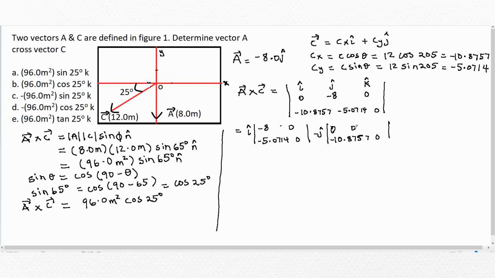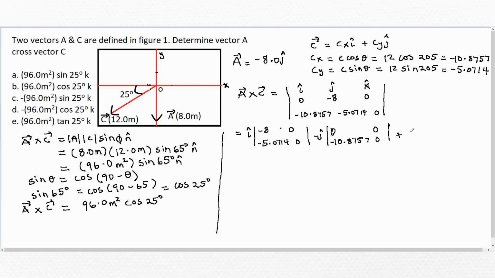Then we have plus k hat, and we delete down and across, so we have 0, -8, -10.8757 and 0.